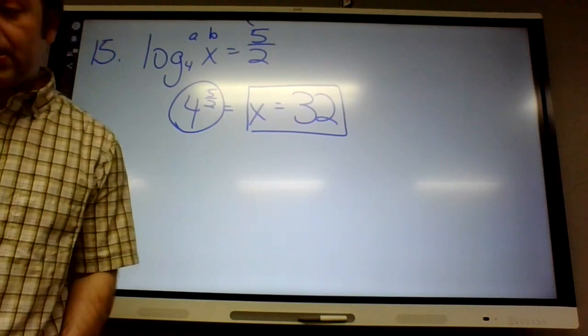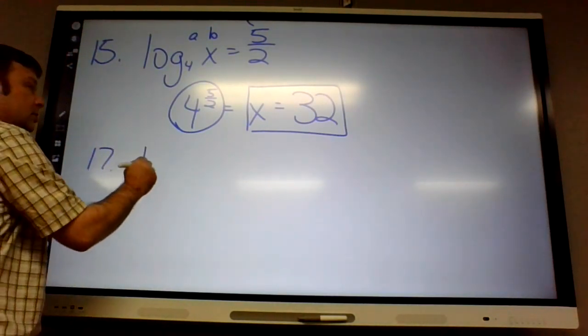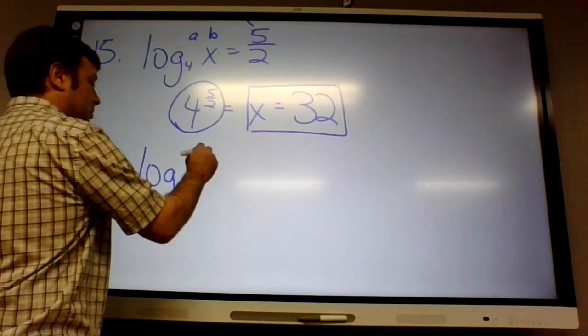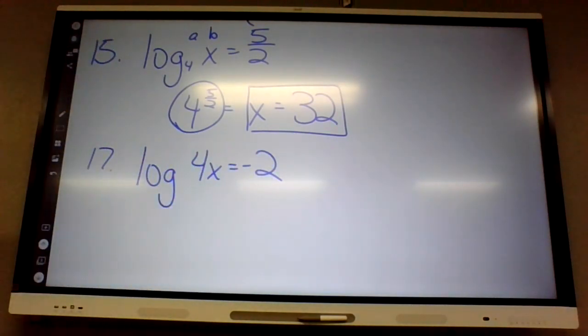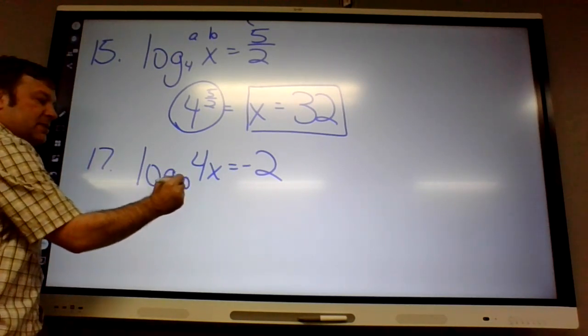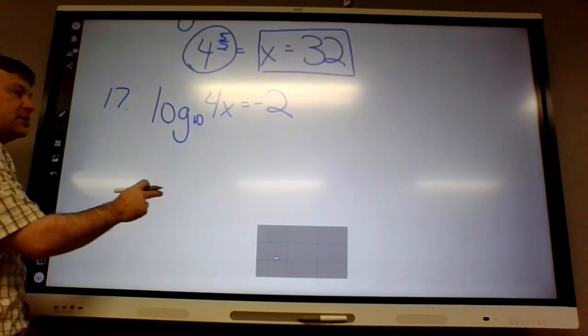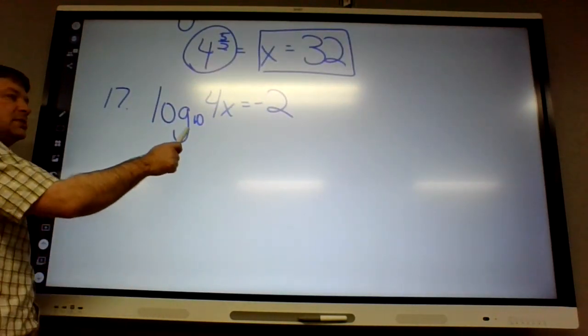Number 17, log 4x equals -2. Okay, there is an invisible number on this problem. What is the invisible number? 10. They didn't write a base down here, so that means it's an invisible 10. So what is this as an exponential equation?